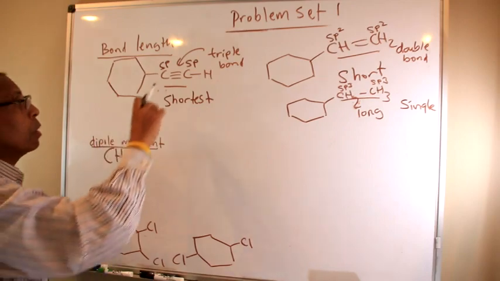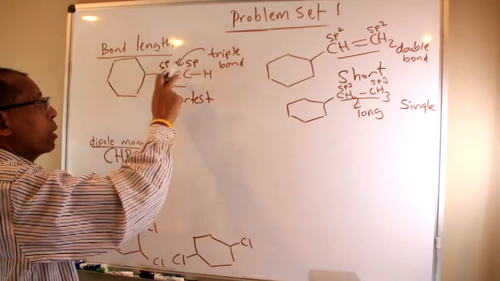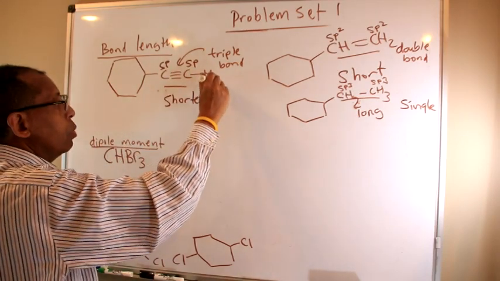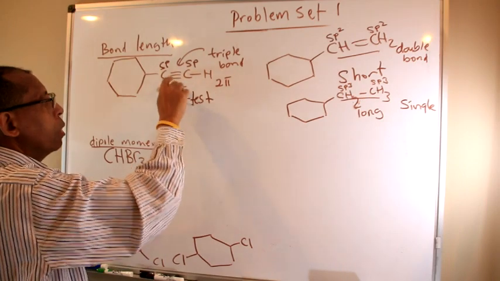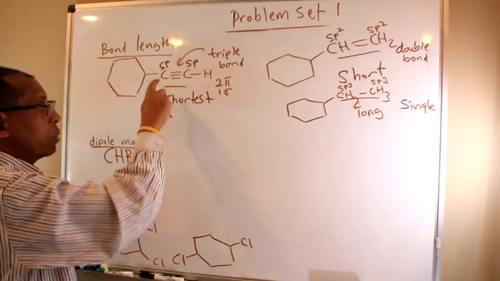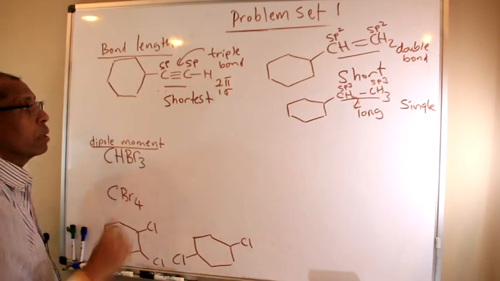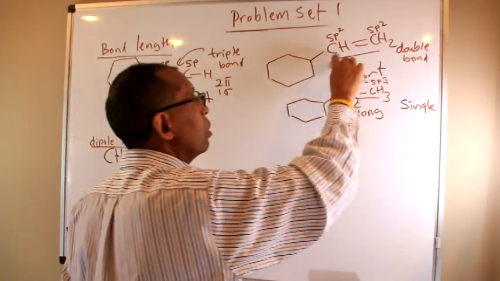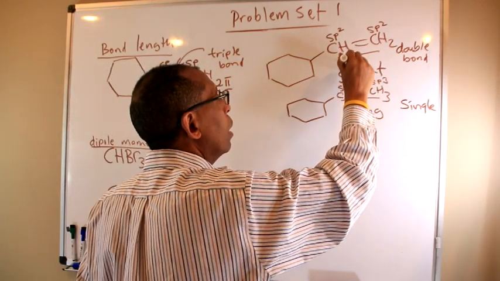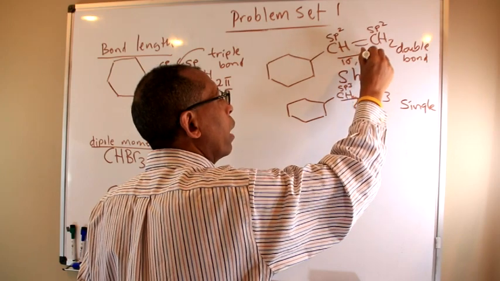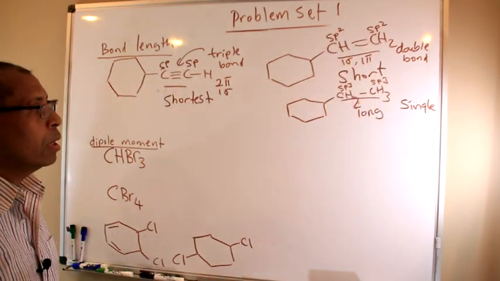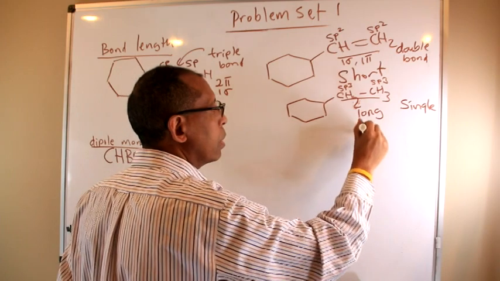As a review, remember across the carbon-carbon bond, there are 2 pi orbitals and 1 sigma. I'm not considering the rest. Here between these 2 carbons, there is 1 sigma and 1 pi bond. Here everything is sigma bond.